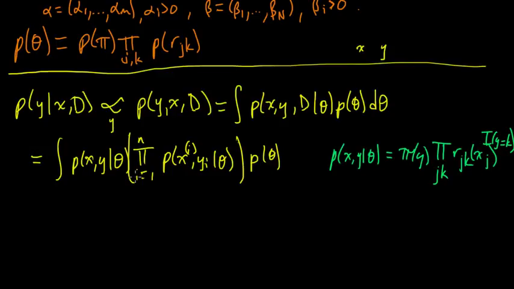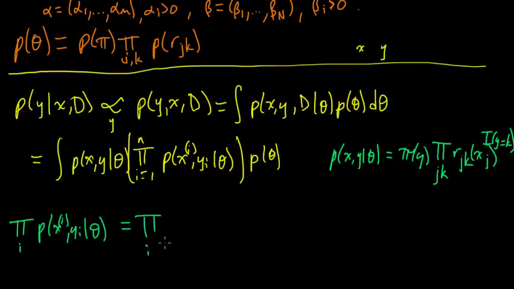Okay, now let's look at an expression for this part here. So this product over i's of this thing equals, well, it's just the product of all these, right?